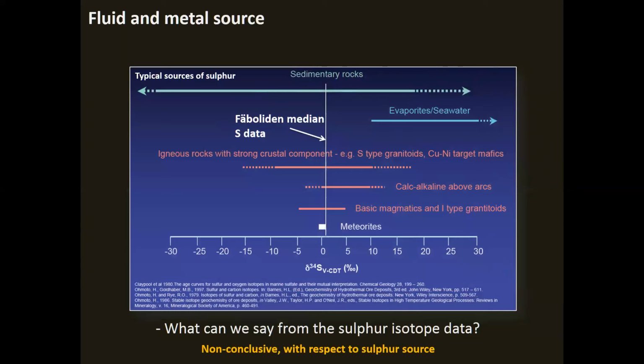So what we actually can say from the sulfur isotope data that we got from the sulfides is that we overlap. It could be either magmatic or it could be a sedimentary source for the sulfur. So the sulfur isotope signature is non-conclusive. It's not a standalone conclusion that we can make from this. We need to back this up with other data.